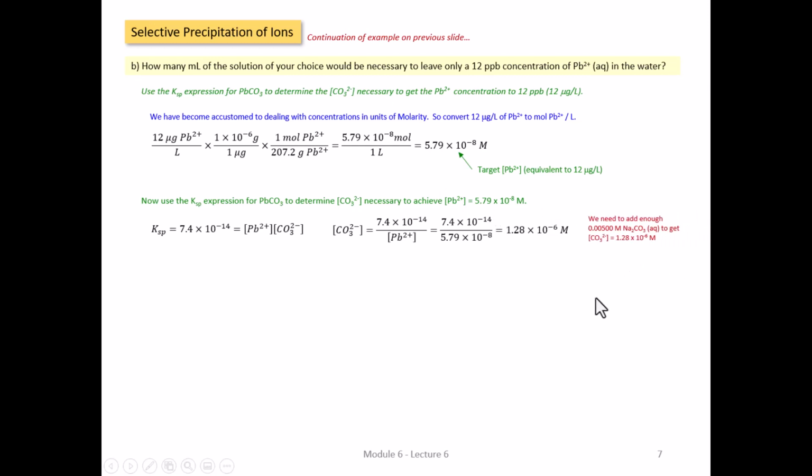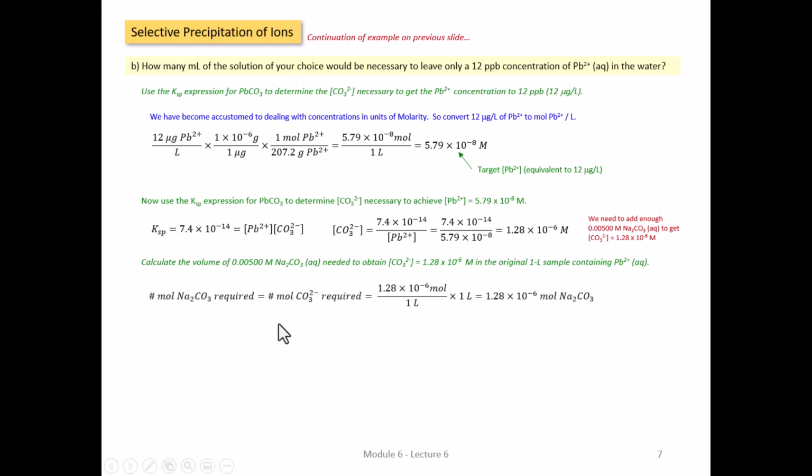Okay, well, remember the carbonate's being added as a solution of 0.00500 molar sodium carbonate. So we need to calculate the volume of that solution needed to get a carbonate concentration of 1.28 times 10 to the minus 6 molar in that original 1 liter sample.